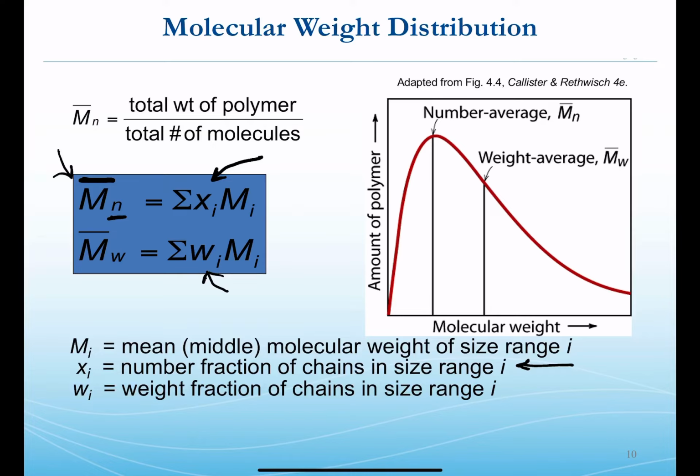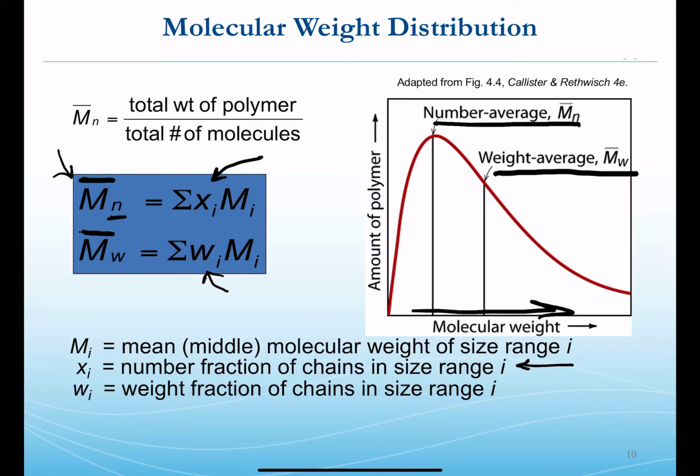Okay, for weight average, we're going to have now the weight fraction instead, or in place of the number fraction. So clearly how we describe the fractional amount of these chains is going to influence the difference between the number average and the weight average molecular weight of the sample. What we'll also see is that the weight average molecular weight value is always greater, you see here on the x-axis, always greater than the number average molecular weight outcome.